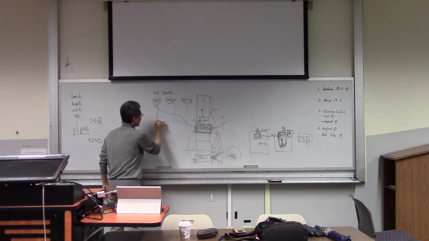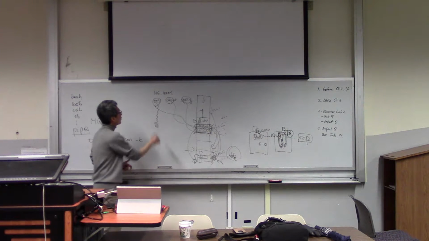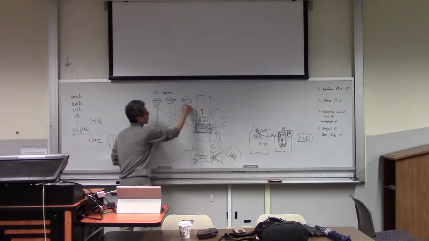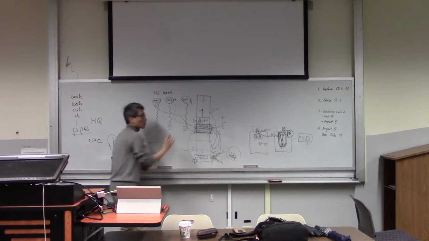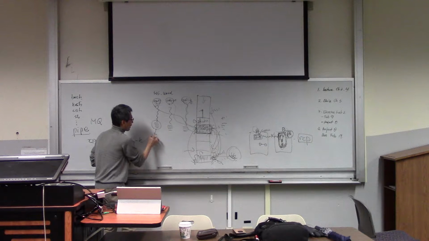This one has a sequence of instructions for the input. This one has a sequence of instructions for the output. This one has another sequence of instructions. So we regard each of these as a thread.